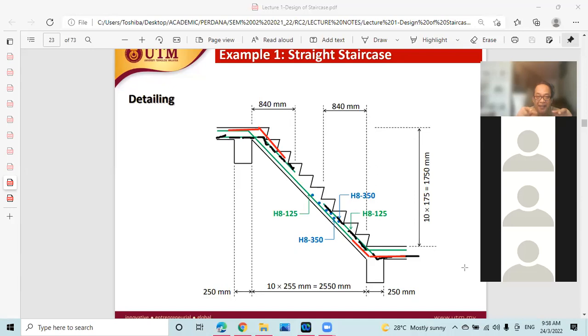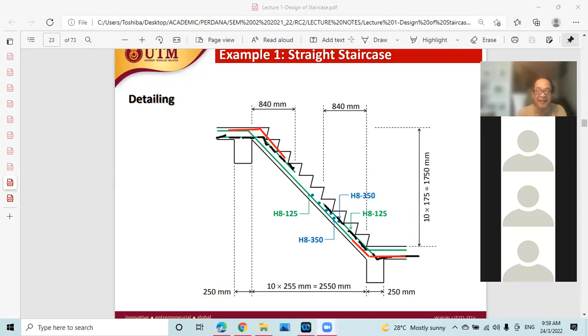Remember the black dotted line, this is the reinforcement from the adjacent slab that is shown to be anchored in the staircase. It's not something we design. What we design is only the red and the green reinforcement. The black dotted line is actually reinforcement coming from the adjacent slab and anchored into the staircase.